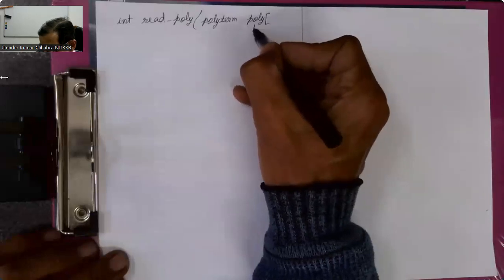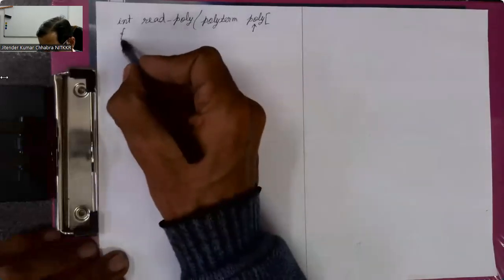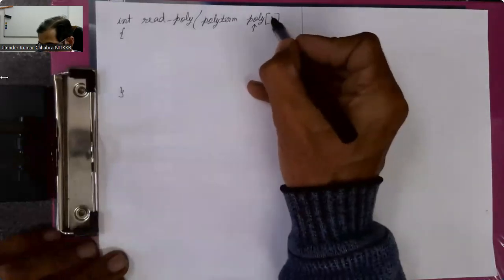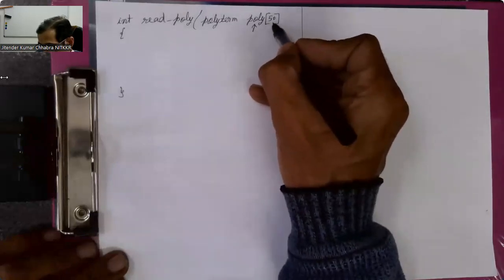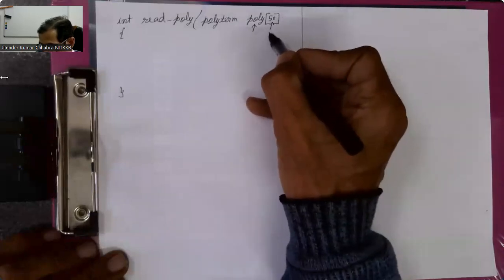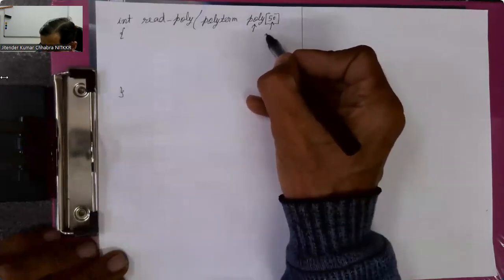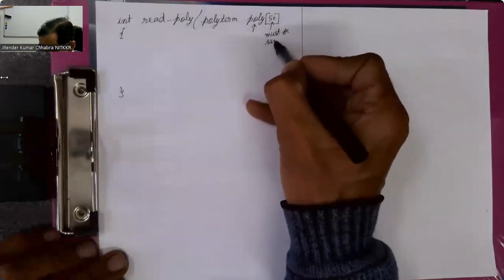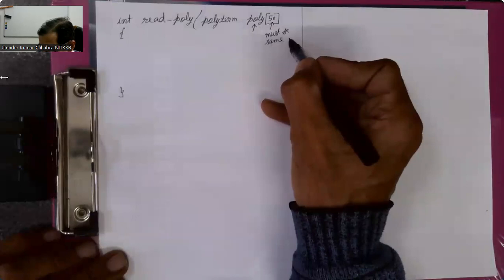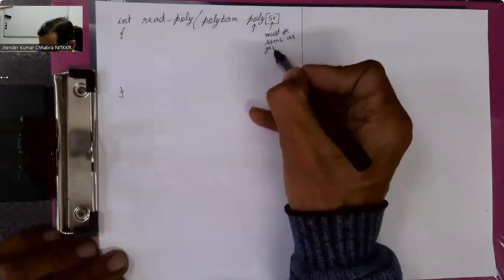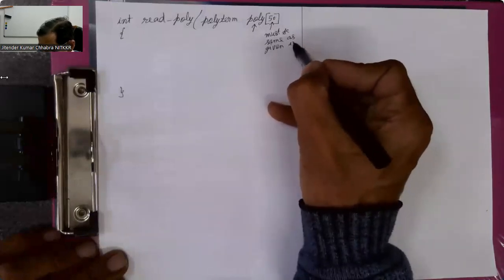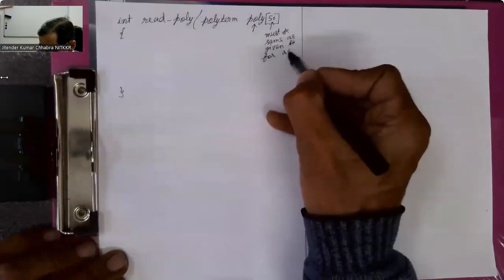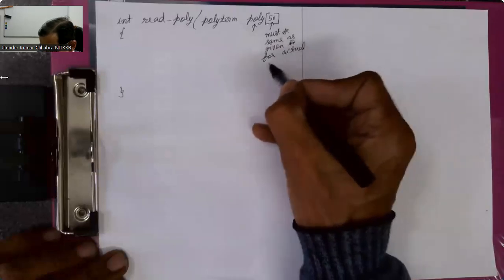Whatever name you use here, the same name is to be used inside the code. And the size here, let's say if I have declared 50, then I should write here 50. I might not write it also, but if I'm writing, the size must be the same as given for the actual variable which will be passed.